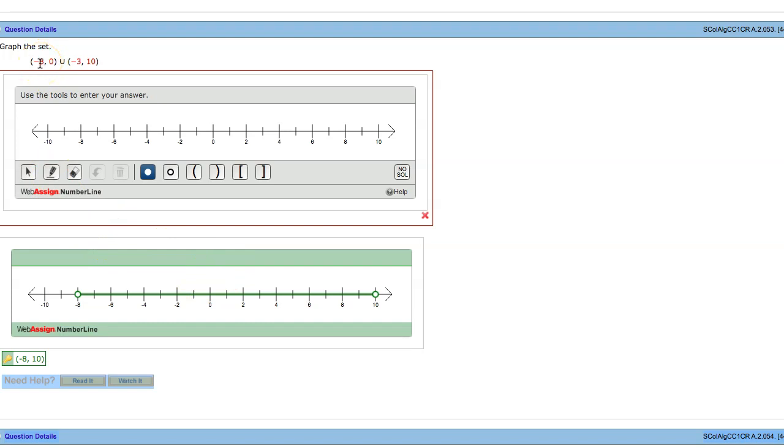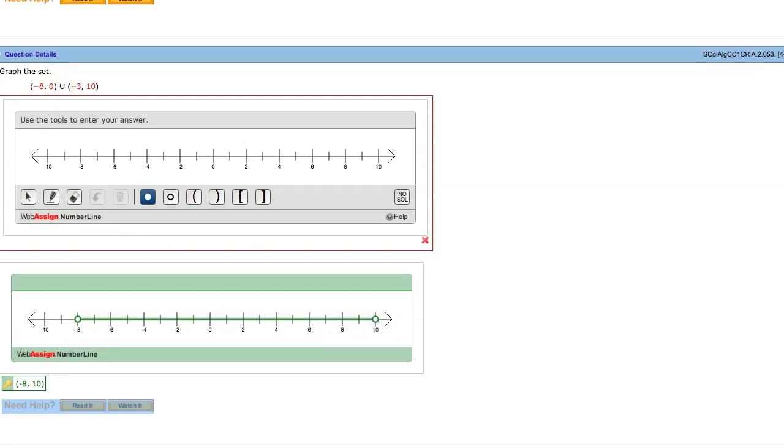So what's more negative between negative 8 and negative 3? Of course, negative 8. And what's more positive between 0 and 10? Of course, 10 is more positive. So you go all the way neg 8, all the way 10. Think big with union. With intersection, you got to think limited and small.